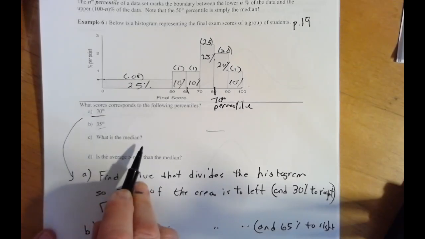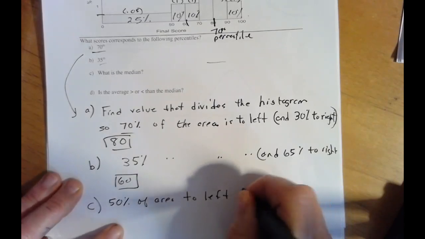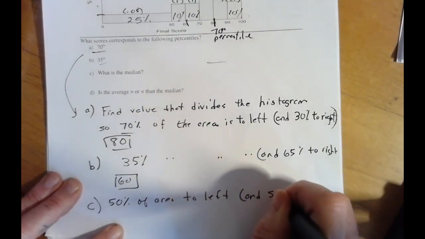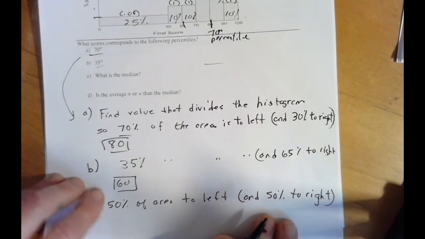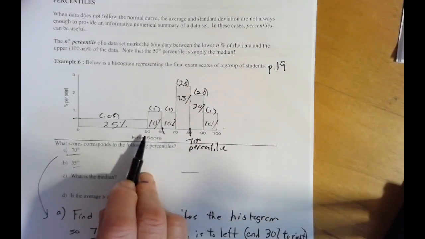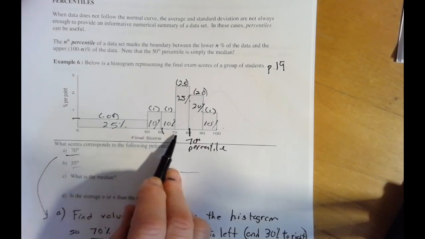Now how about this one? What's the median? Well, the median is the 50th percentile. It divides the histogram. We'll do the same thing. You want 50% of the area to the left and 50% to the right. So what value does that? And please don't answer 50, because that doesn't. That's the 25th percentile. So let's see. We go 25, 35, 45. 70 is the 45th percentile.